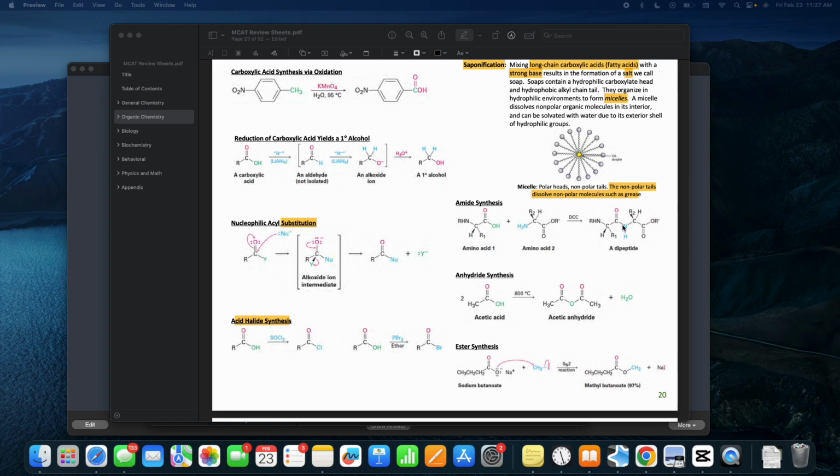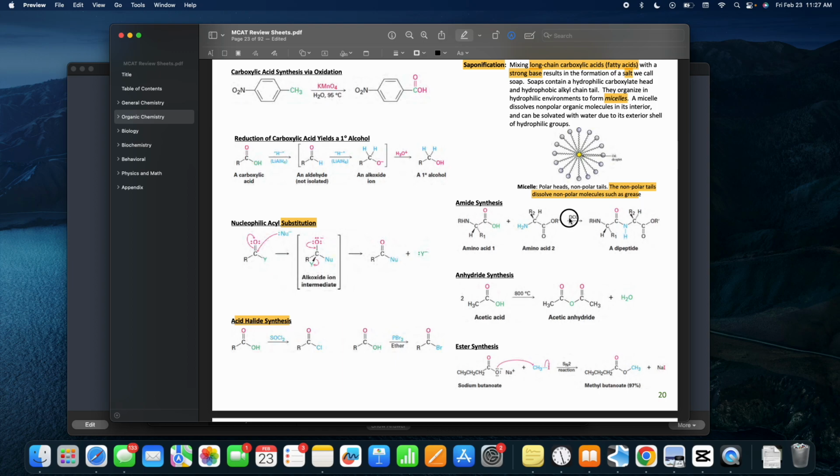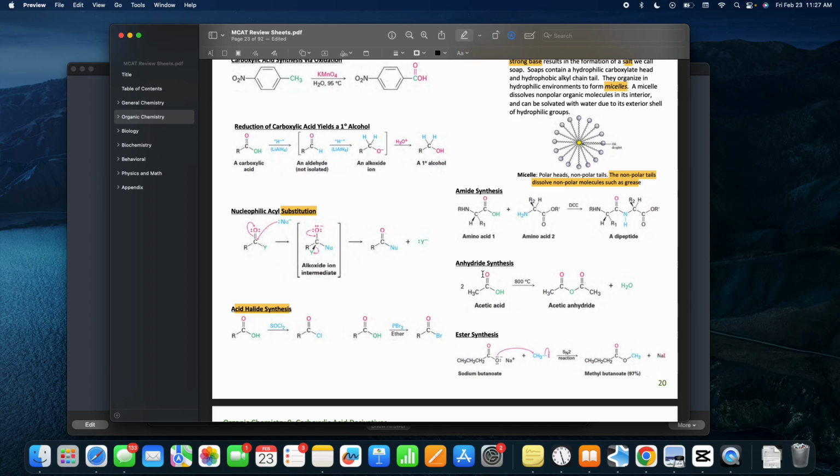This is a peptide bond, and a peptide bond is an amide bond, so you are synthesizing amides, right? And DCC is what you use here. So that's when you get an amide, a peptide bond, right? Amide synthesis.